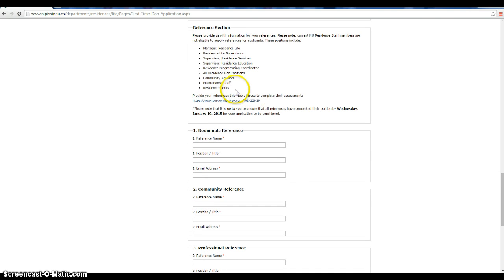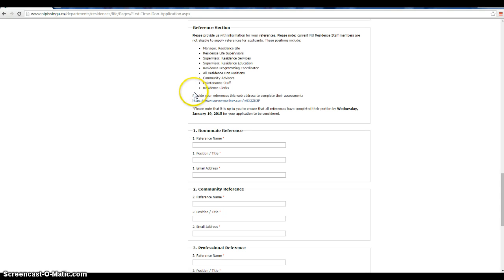Moving along to the reference section, you'll notice that there are some people who are excluded from being your reference. These are current staff of Residence Life, including the manager, the Residence Life supervisor, the other supervisors in Residence Life, all Resident Dons, community advisors, as well as the maintenance staff and the residence clerks.